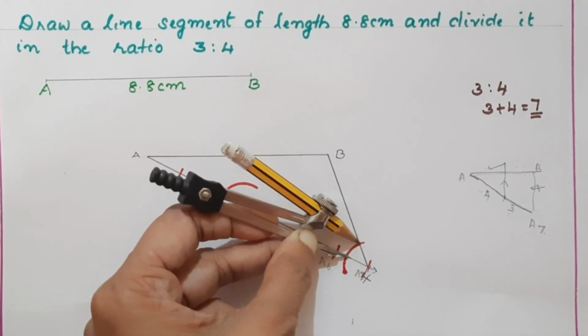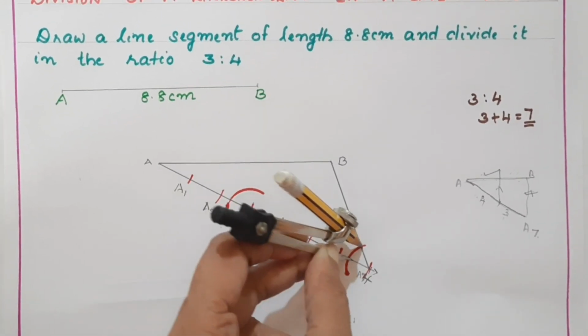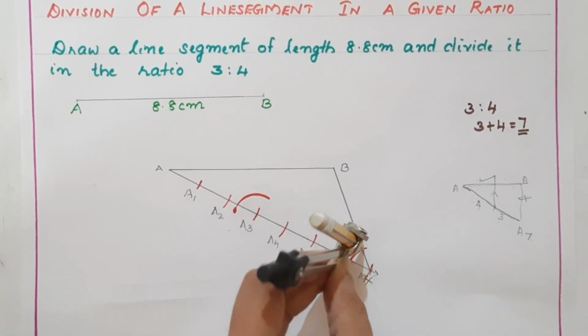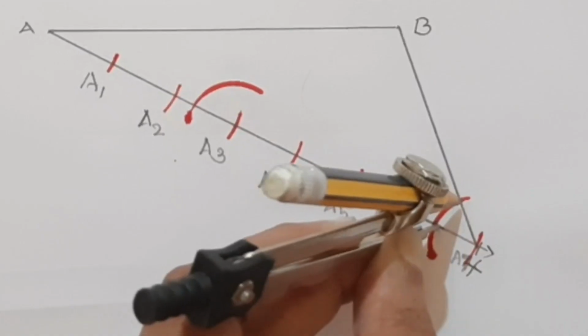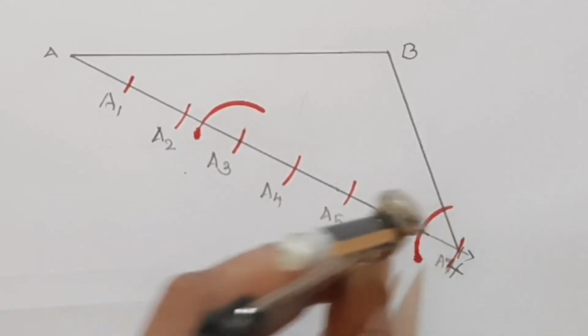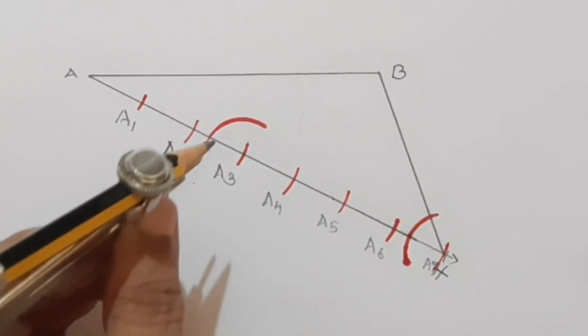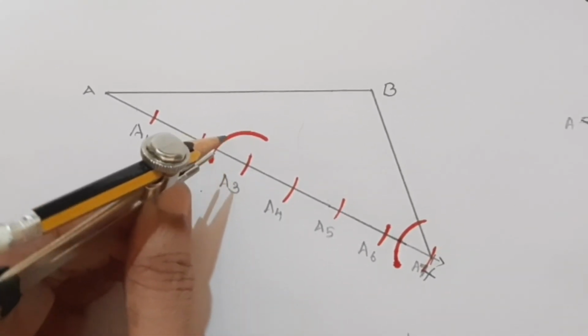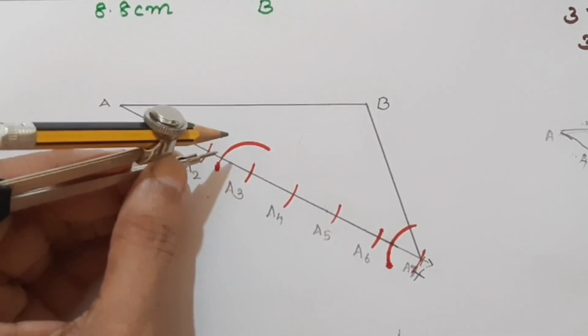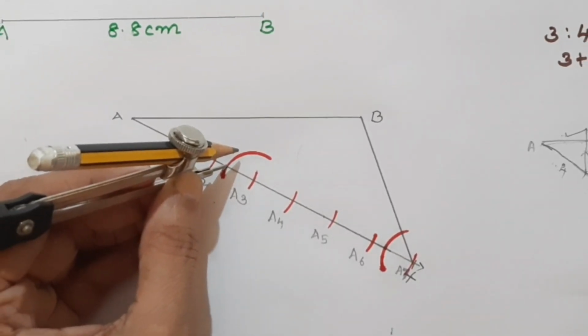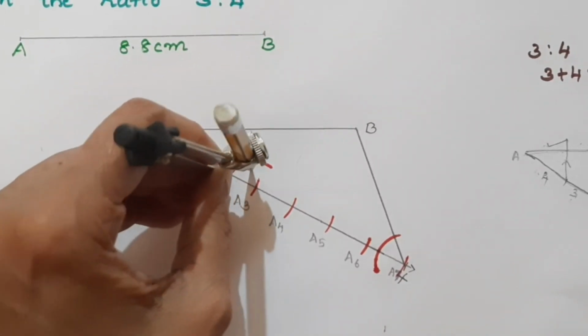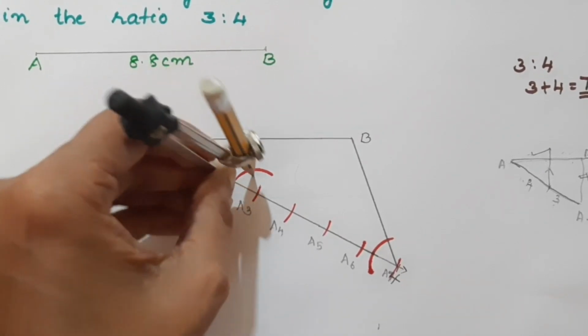Okay. So this measurement we have to take in the compass, and the same length we have to mark in this new arc. Okay. So for that, fix the compass here and draw an arc here.